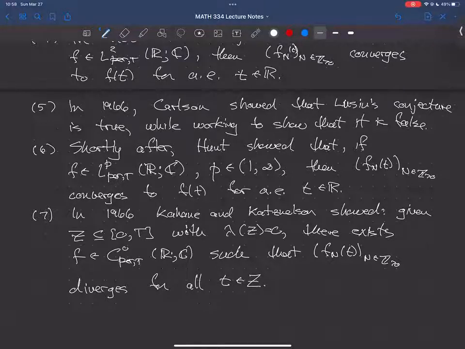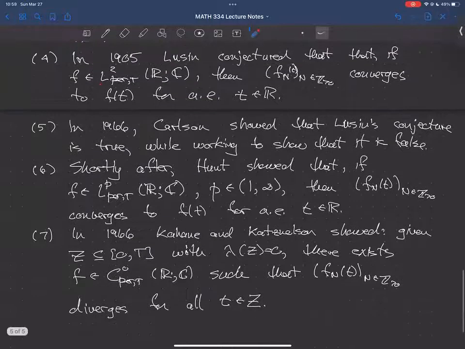Okay. All right. So this is as bad as it can possibly get, because we already know that if f is in C0 periodic, then it's certainly in L2 periodic. Then Carlson shows that if it's in L2 periodic, you have pointwise convergence almost everywhere.